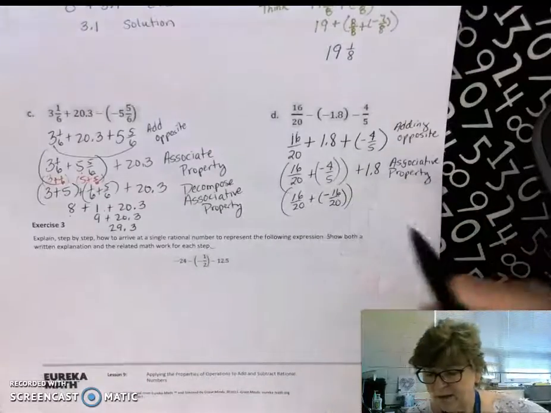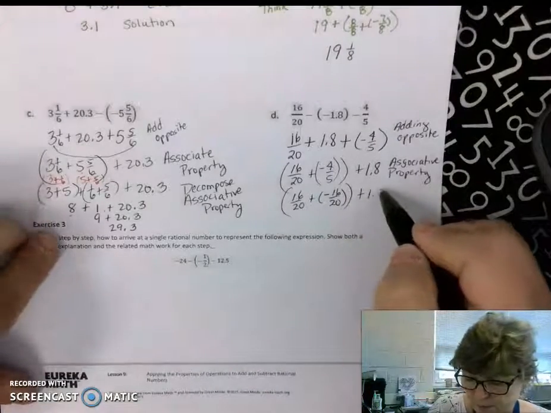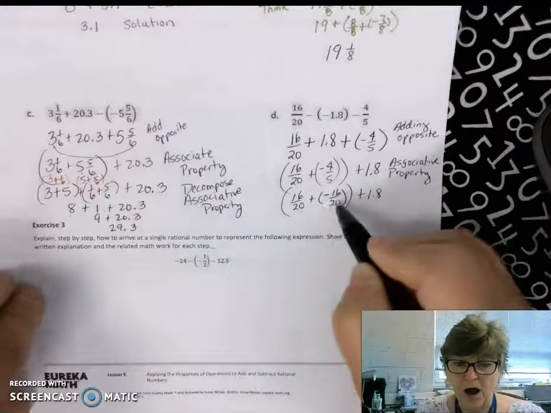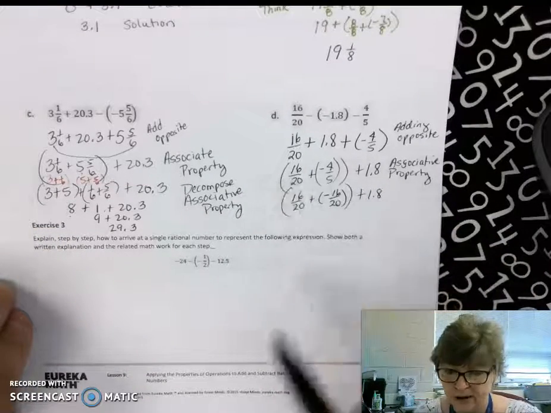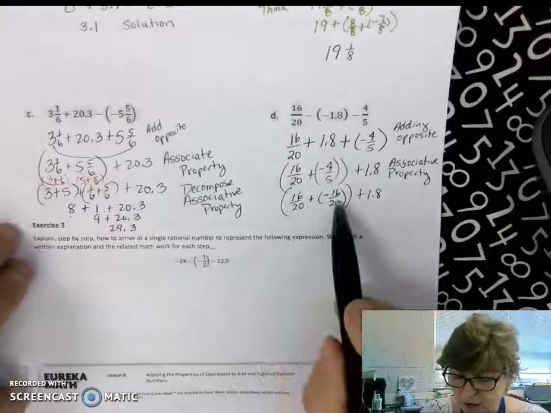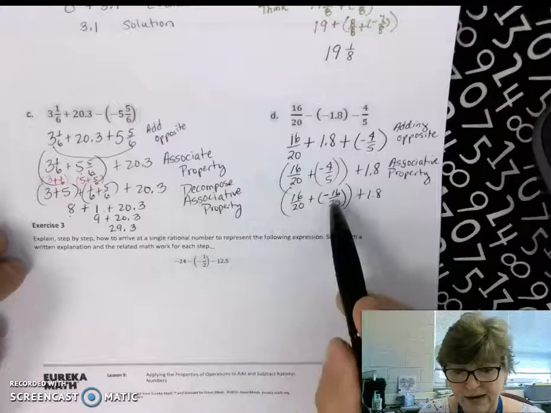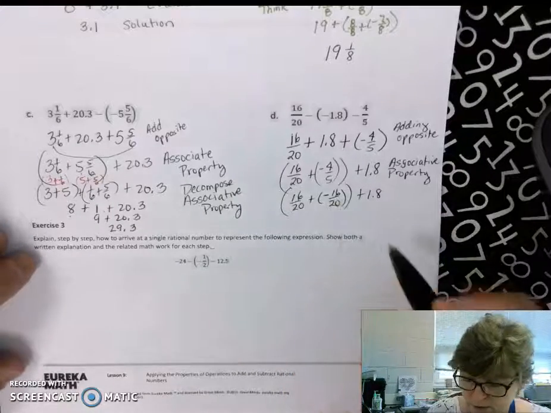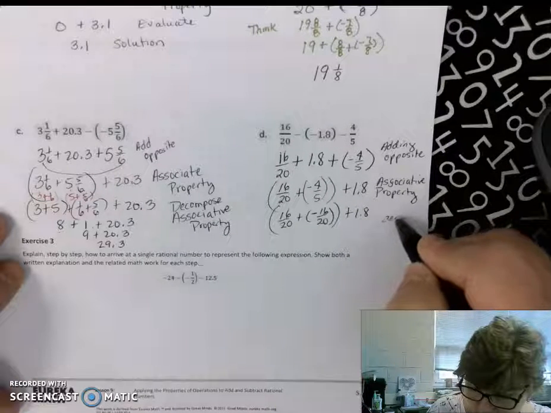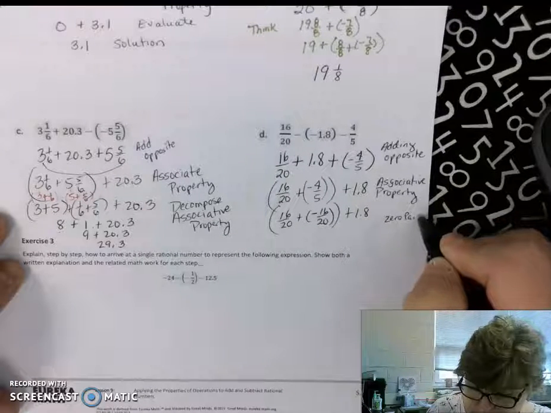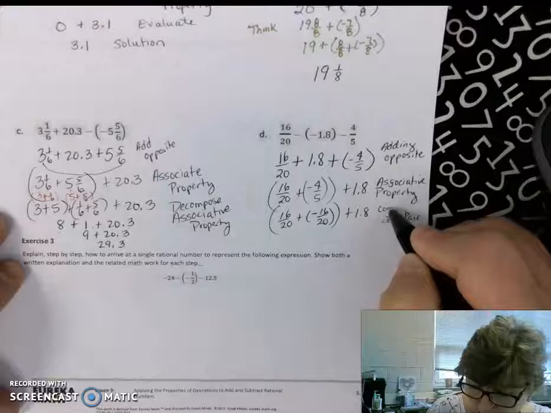So now that I am here, making sure we have a common language, because we can't add fractions that do not have a common denominator, I'm noticing that I now have a number and its inverse. So I am forming that zero pair. And I will put on here common denominators.